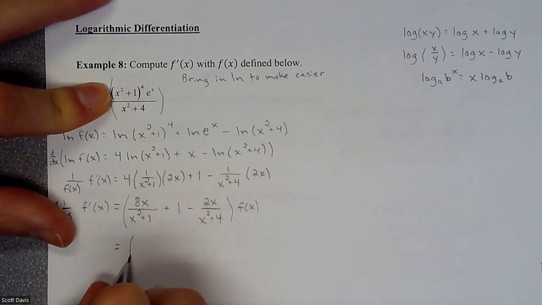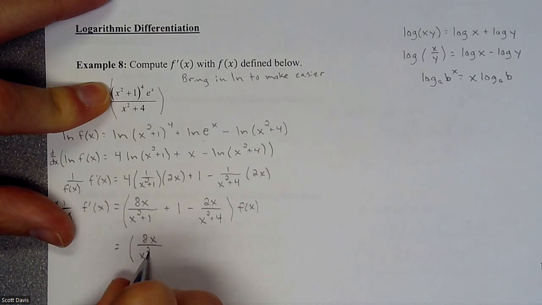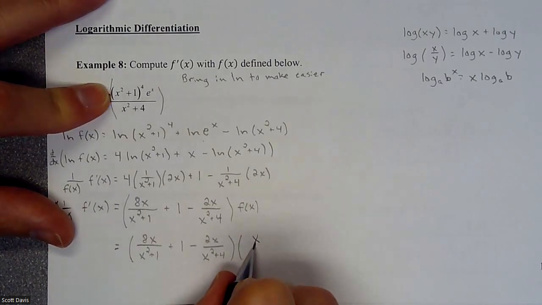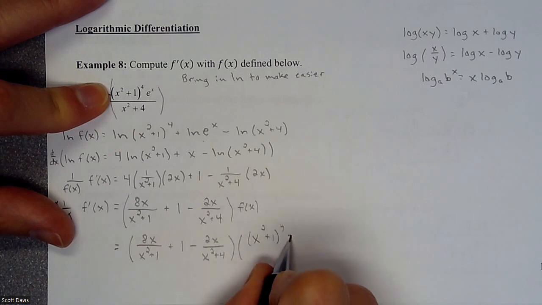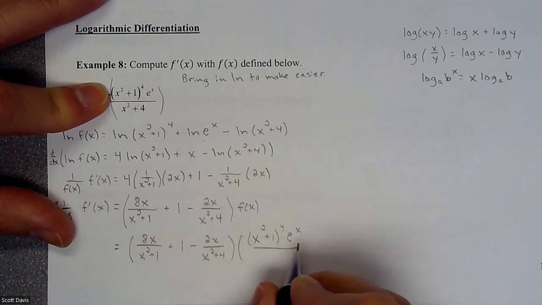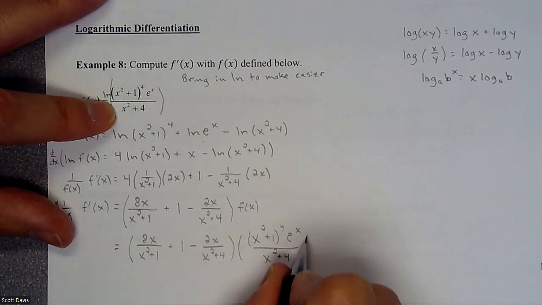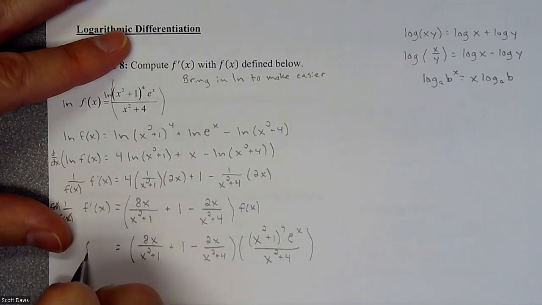So this piece, 8x over x squared plus 1 plus the 1 minus the 2x over x squared plus 4, times the original (x squared plus 1) to the fourth e to the x divided by x squared plus 4. We are not going to try and simplify it any further than that.